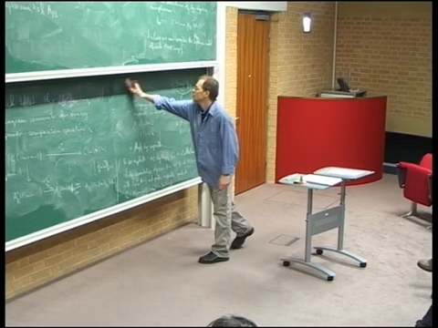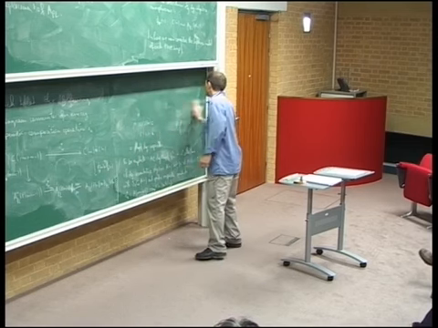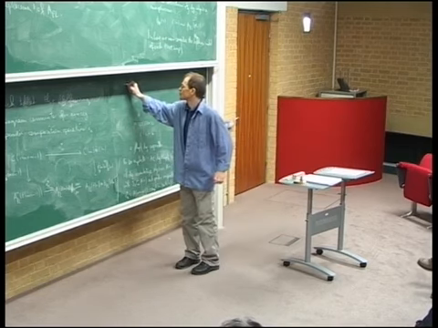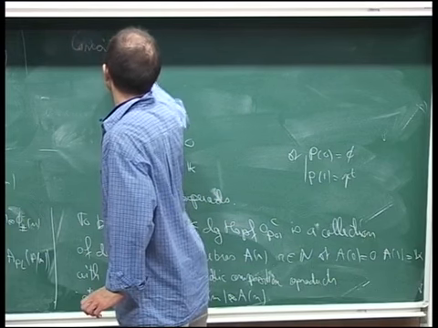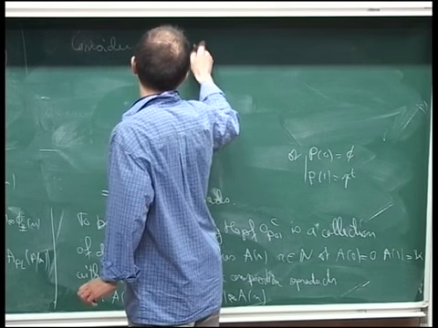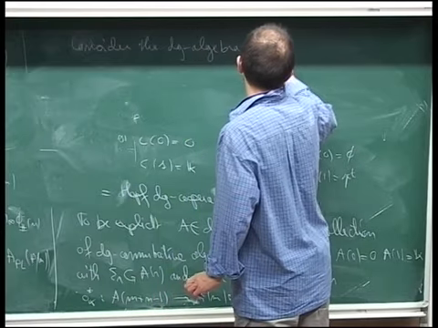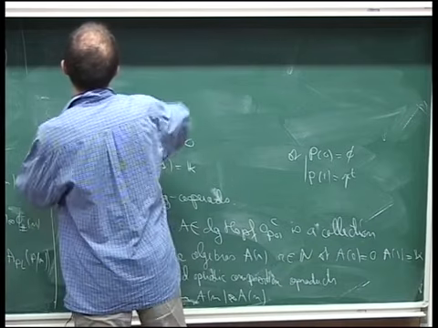Okay. The consequence of this proposition is that you have a map, the corollary. So we consider the DG commutative algebra morphisms. Or rather, I should say you have comparison maps.